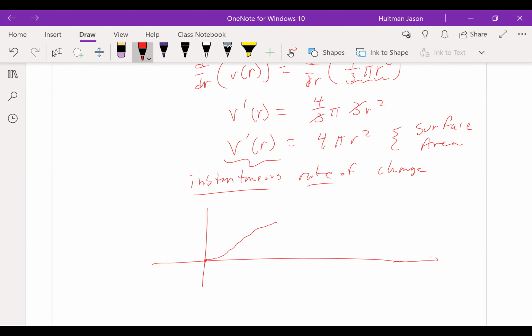And then I'm going to slow down, and then speed up again, and then end by coming to a complete stop. And this is distance, and this is time. Total distance versus total time.